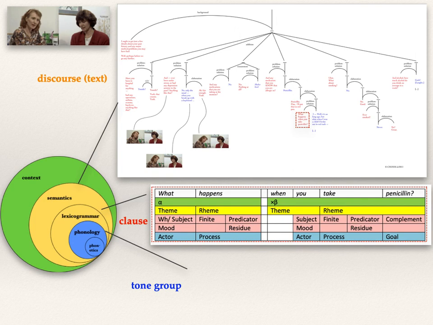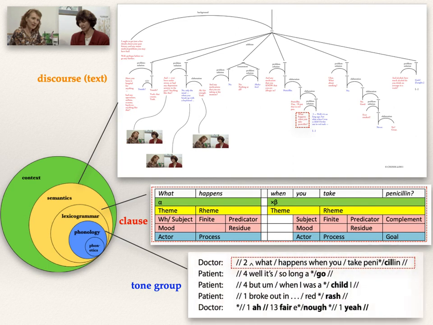And this combination of two clauses, in this particular case, happens to be one tone group. As the doctor says, what happens when you take penicillin? The double slashes indicate boundaries between tone groups. So boundaries between tone groups are phonological boundaries. Tone groups are phonological units, in contrast with clauses, which are grammatical units.